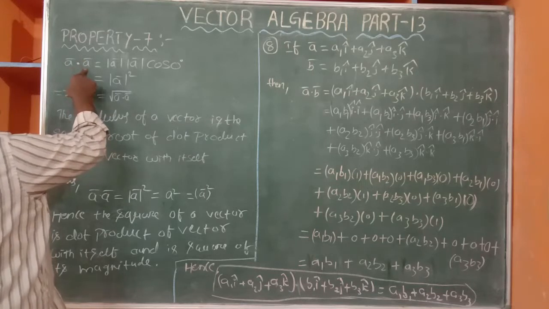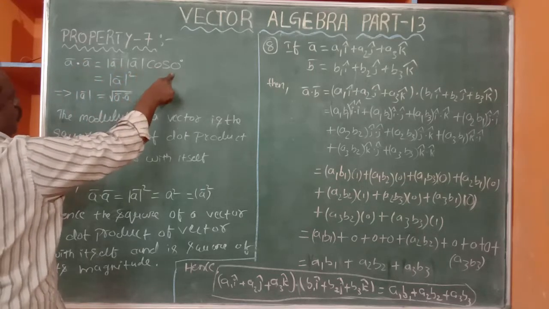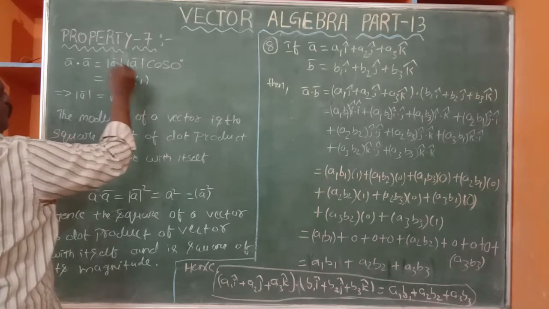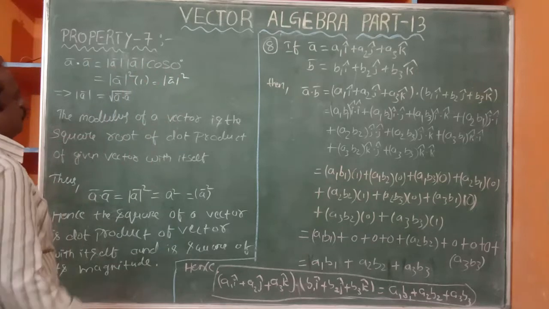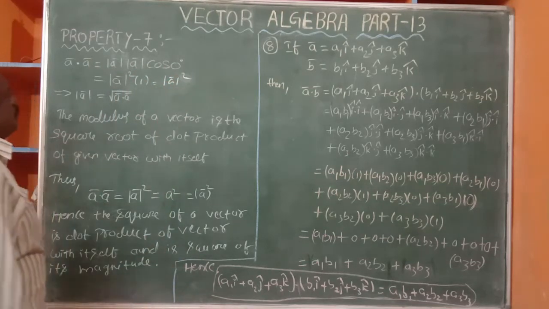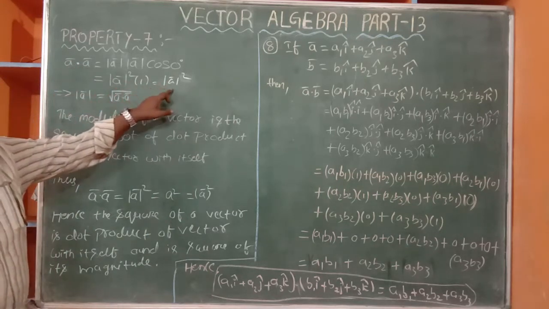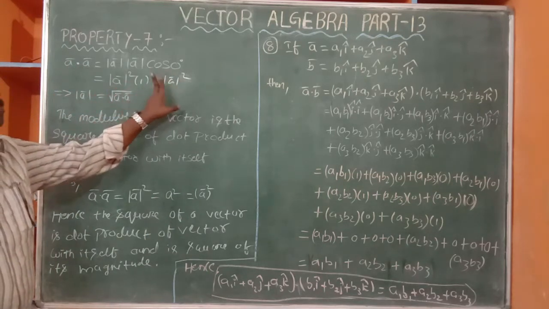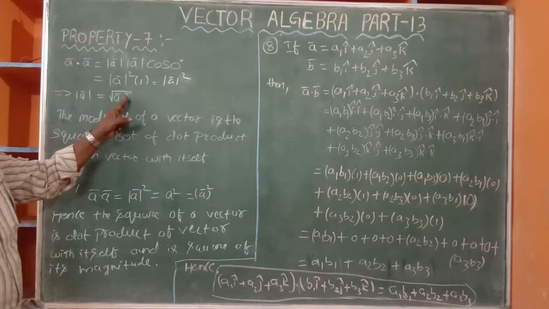So it is mod A squared times cos 0, which is 1. So we get modulus of A bar squared. A dot A is equal to modulus of A bar squared. Then modulus of A bar is the square root of A bar dot A bar.